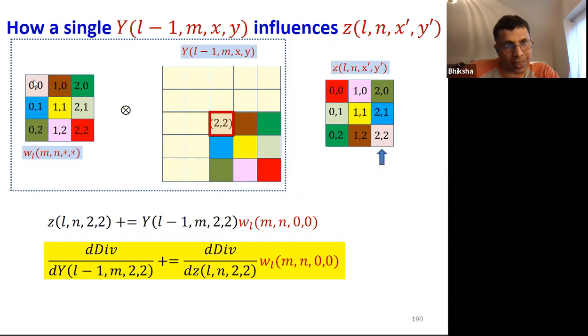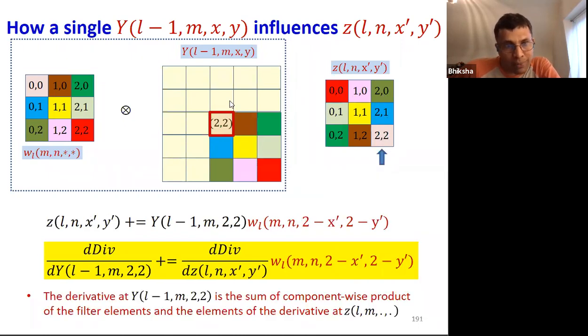This color pattern is exactly the same as the color pattern for the filter, except it's flipped left, right, and flipped top, bottom, right? And so what we did was we flipped this weight vector, this filter, left, right, and top, bottom. We placed it with the bottom right corner at 2, 2 on the derivative map for the z, and then computed an inner product, and that gave you the contribution of this one map to y22.